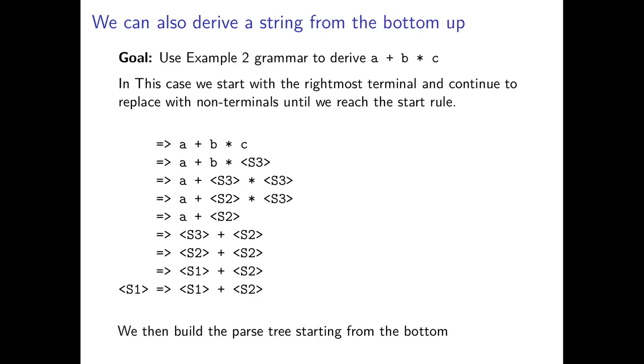You start bottom up and build the tree out, so you effectively have to flip the derivation when you do this. But anyway, I will leave that to you guys. This is how you build a parse tree. It's actually quite easy once you see this method.